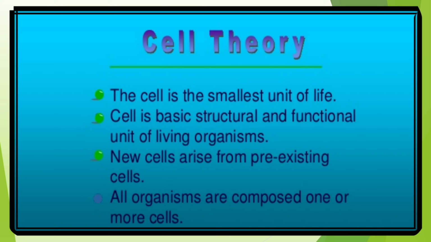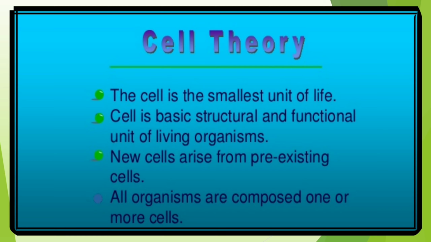Now, what is the fundamental of the theory? What is the cell theory? So cell is a basic part. Without cells, we cannot start our life. Cell is the smallest unit. Cell is a basic structure. Each and every new cell arises from a pre-existing cell, which we will study in future.